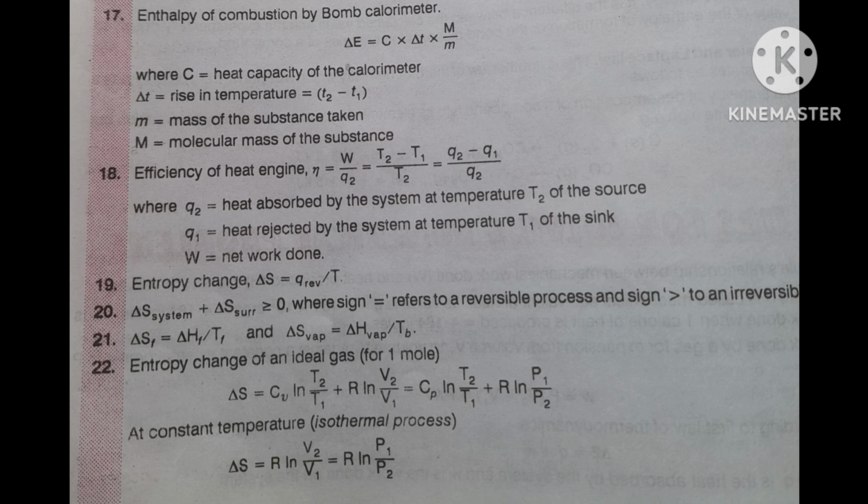Then entropy change, delta S, is equal to Cv, the heat capacity at constant volume, into ln, the natural logarithm, T2 upon T1 plus R, the gas constant, ln V2 upon V1.